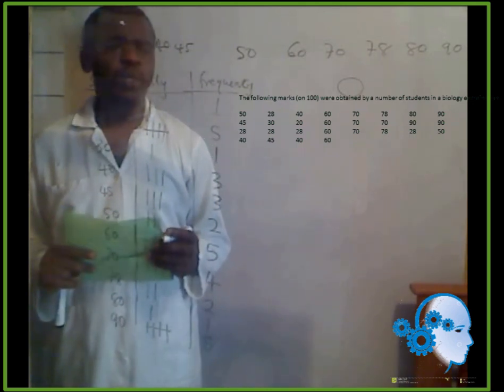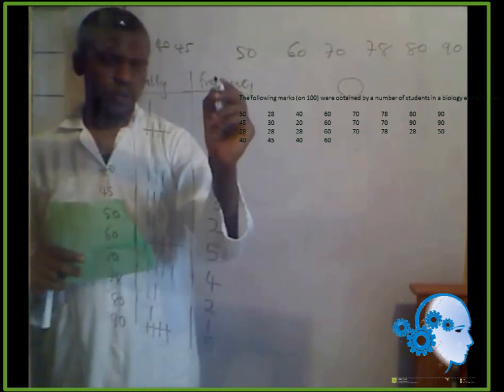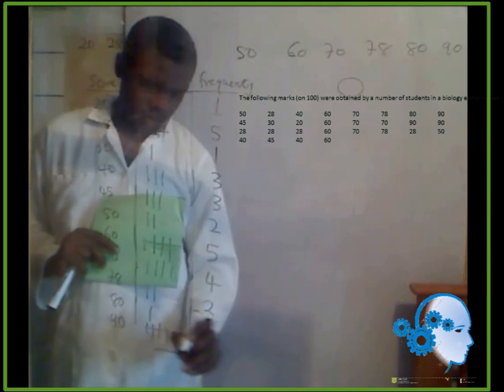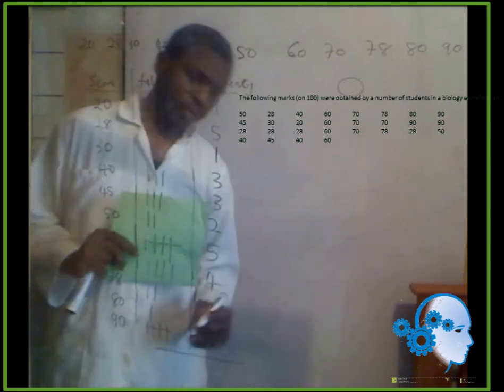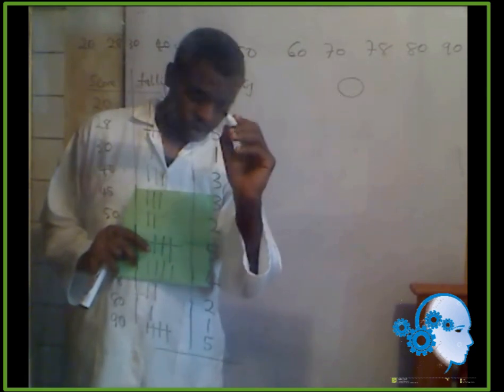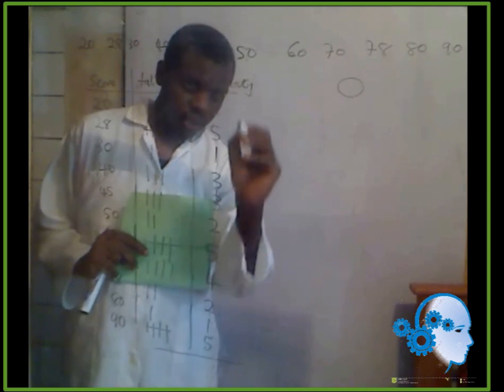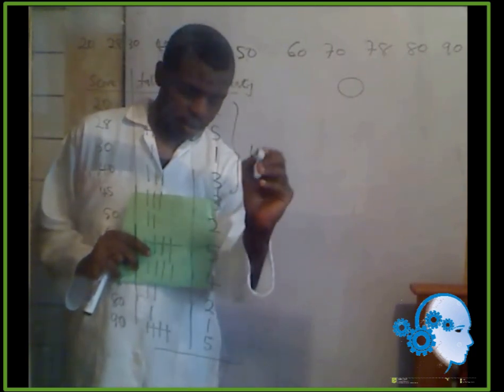So the next question, how many students took the test? I can do this by summing all the frequencies. I can add this in parts. So all of this, this is 6, 7, 8, 9, 10. So this is 10.